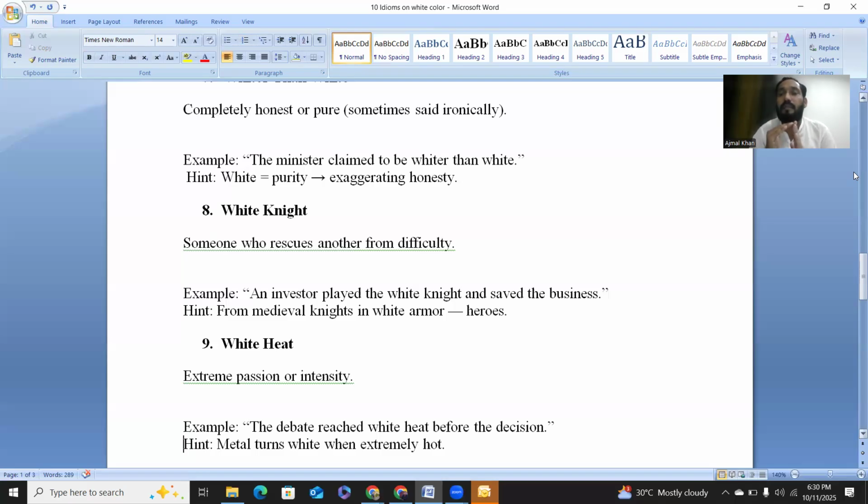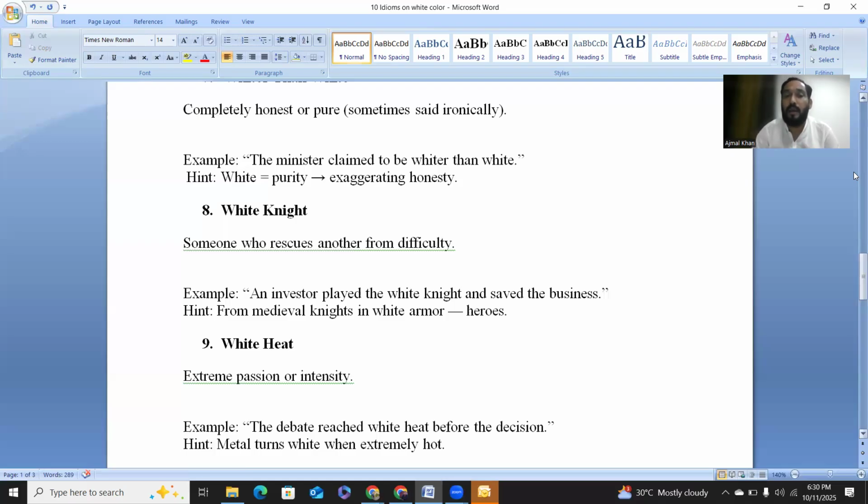White heat level means a level where energy and passion were at the highest level, and the exchange of arguments showed the highest passion, energy, momentum, spark, and insights. So white heat means extreme passion, energy, and intensity.